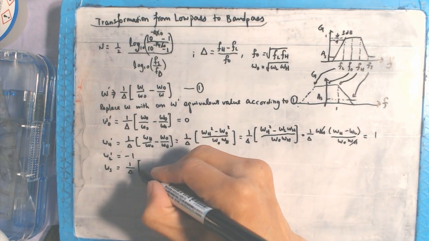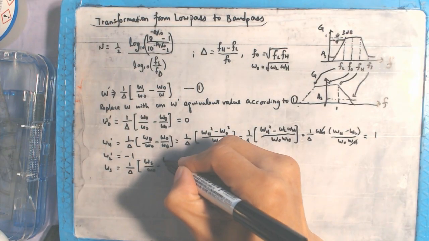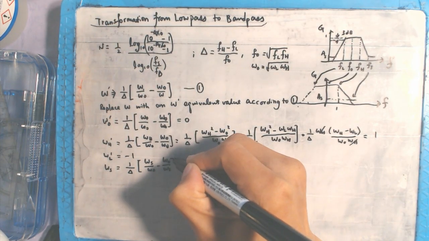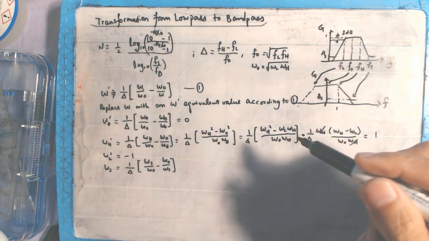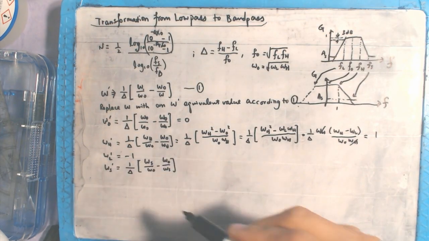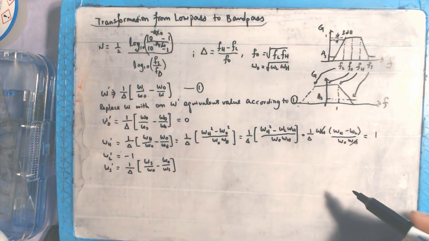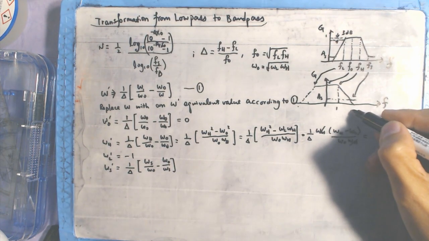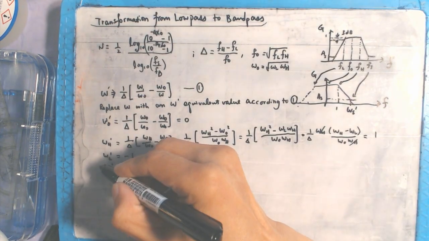Omega S over omega naught, minus omega naught over omega S. So we cannot simplify it, but we can use this to calculate the new value of the stop band frequency here in the low pass filter scale. So here it will become omega S prime. So this is the formula for scaling the frequency.